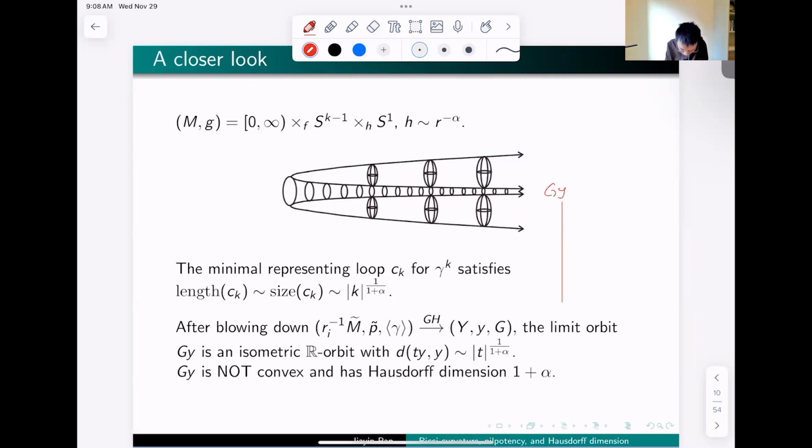So this is gy, and it's an isometric R orbit. So this is y, this is ty. The distance still has this feature. It's like t to this power, and the minimal geodesic will go away from your limit orbit and comes back. Now, in particular, we say this is not convex, right? And we can show that this part has Hausdorff dimension 1 plus alpha.